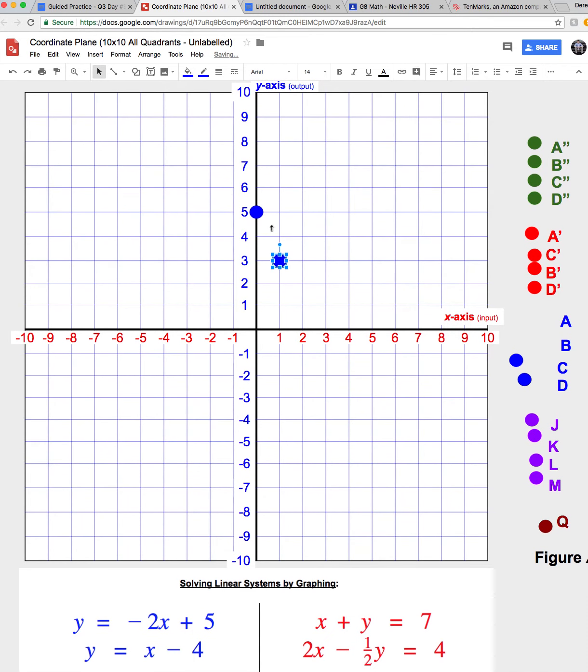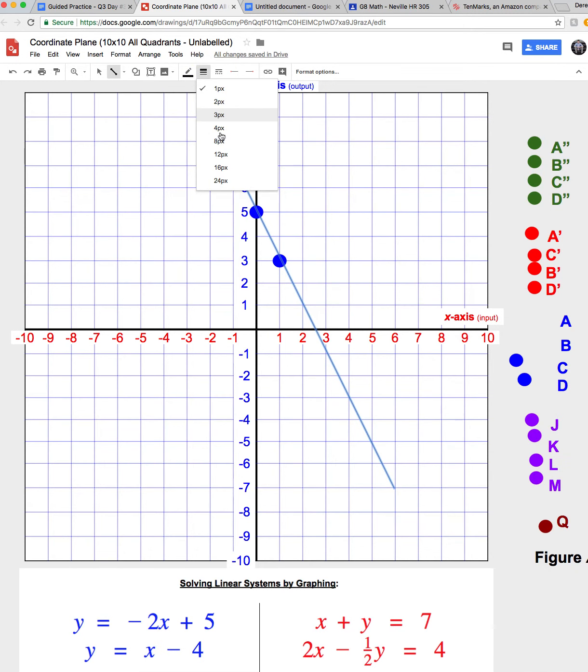The line would continue to follow that down by 2, right by 1 pattern forever and ever, because that rate of change is constant. We'll go ahead and draw a straight line through those 2 points that we just made. And now we have a graph for that first linear equation in the blue linear system.